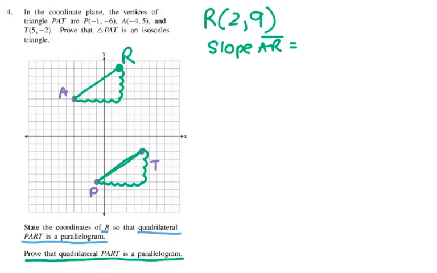Remember, slope is equal to rise over run, or change in y over change in x. So I end up with a positive slope of 4/6 for AR.